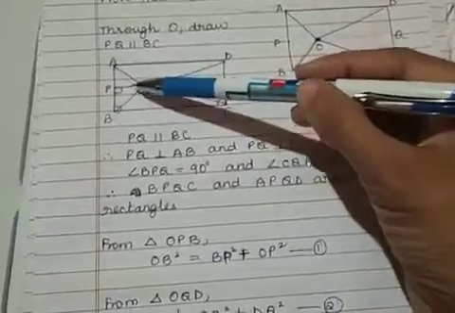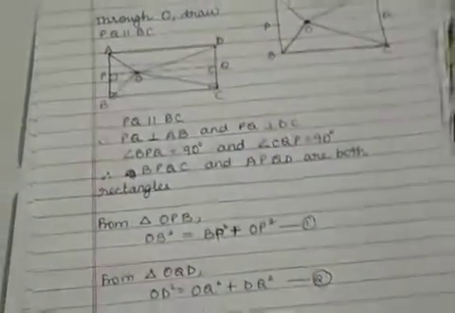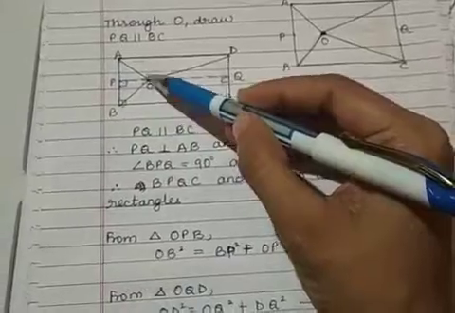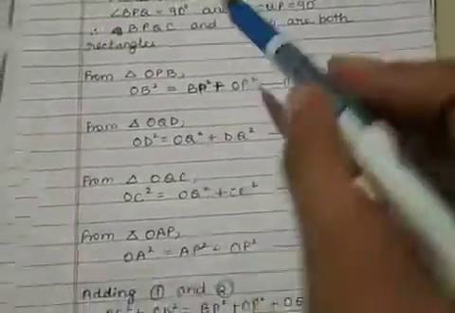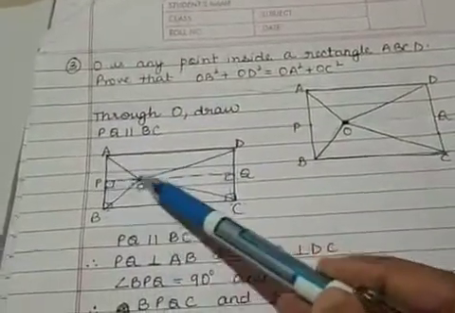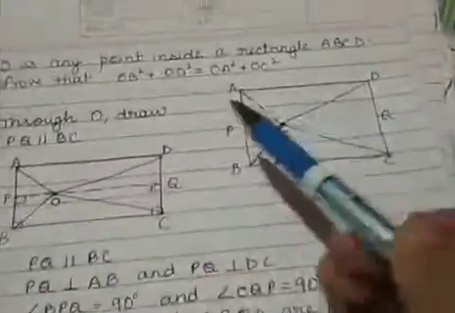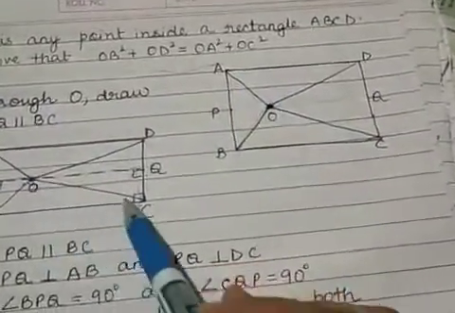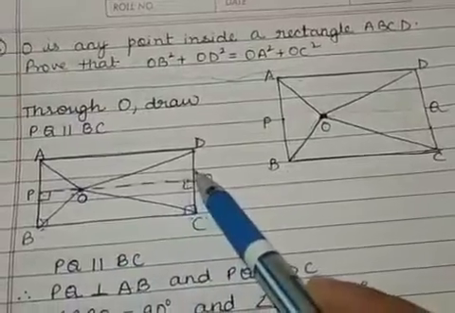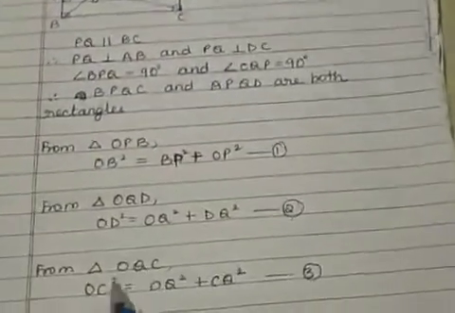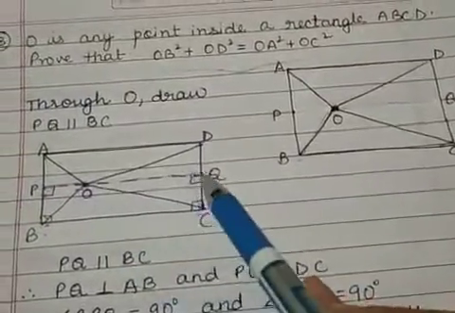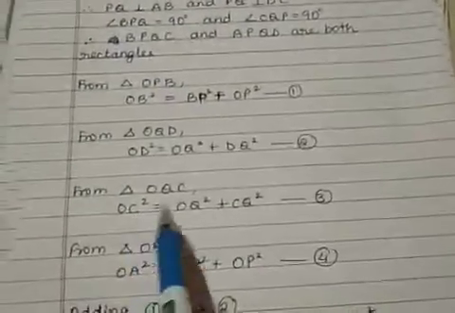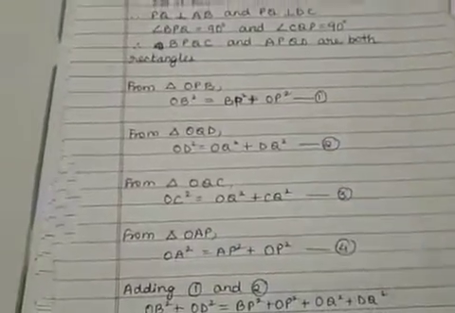If you want OA, you need to take the triangle OAP. So from triangle OAP, OA square is AP square plus OP square. Next you need OC. So OC can be obtained from which triangle? OQC, correct? So from triangle OQC, OC square is equal to OQ square plus QC square. Okay. So we got 4 conditions here.